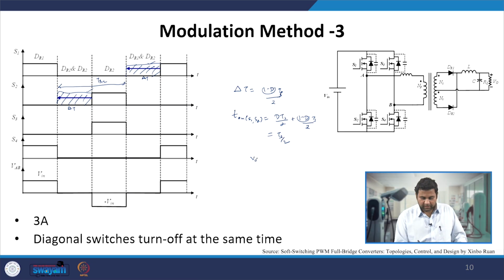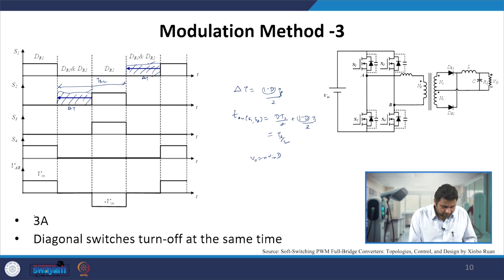That's when your V0 is nothing but N Vin times D, because you are not changing the voltage at VAB, which gets imposed after the rectifier onto the inductor L for d Ts by 2 period, and during the 1 minus d Ts by 2 period it's the V0 which will be freewheeling through DR1 and DR2.